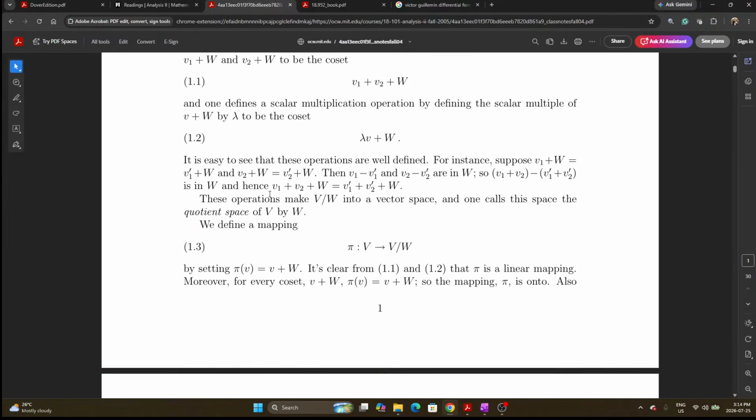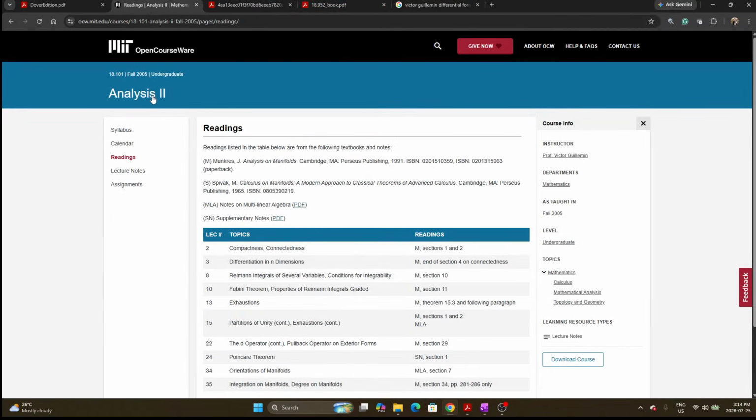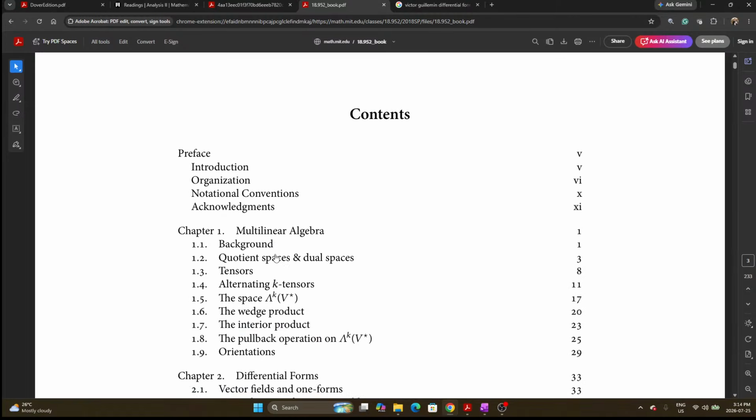Actually, I found a full book version of the lecture notes for analysis 2. It's called Differential Forms. It includes much more than differential forms, but this set of notes is basically chapter 1. So let's take a look at the book version.